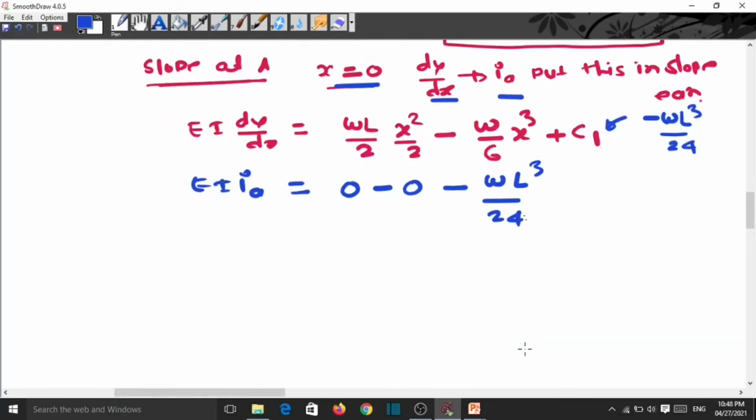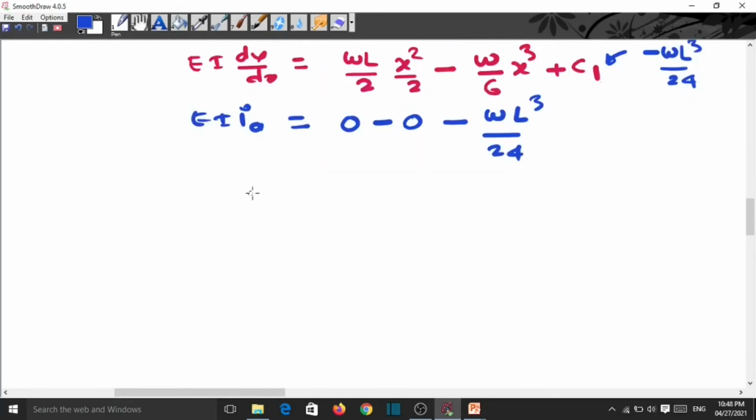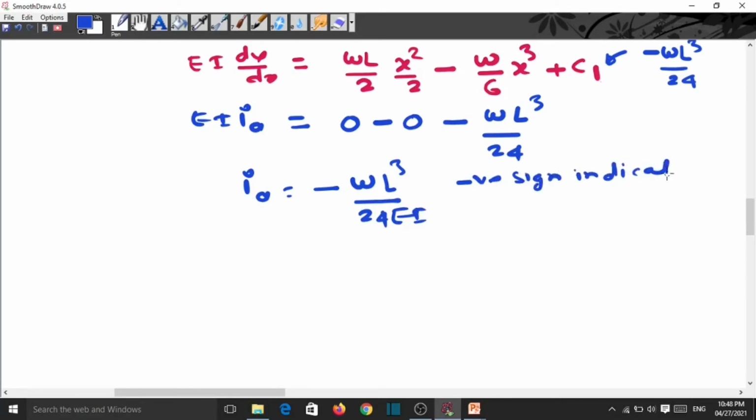So we got IA is equal to minus WL cube by 24 EI. Here this negative sign indicates the slope is clockwise.